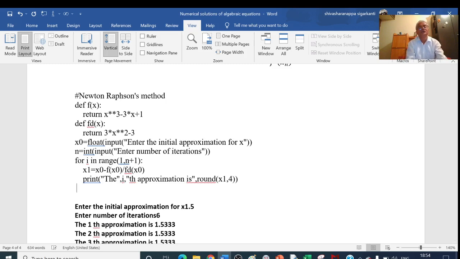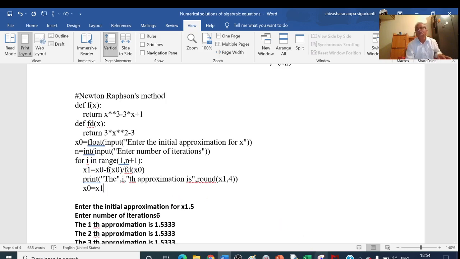While coming back here, in place of x naught I will use x1 to find the fresh x1. So I take x naught is equal to x1. This x1 will be used here to find the fresh x1.